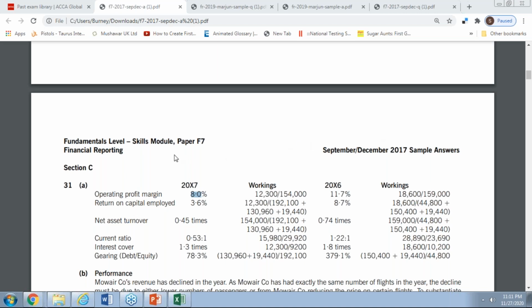Yes, you can also comment on it if the revaluation was done before the year end. There could be excess depreciation that the company has charged, but usually companies do the revaluation at the year end, so its impact of the excess depreciation will come in the next year.